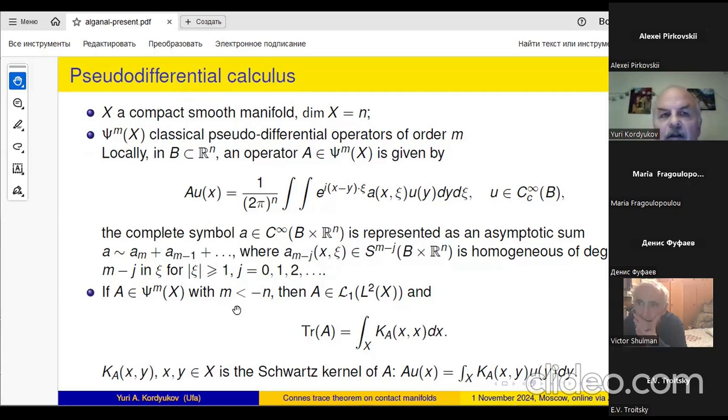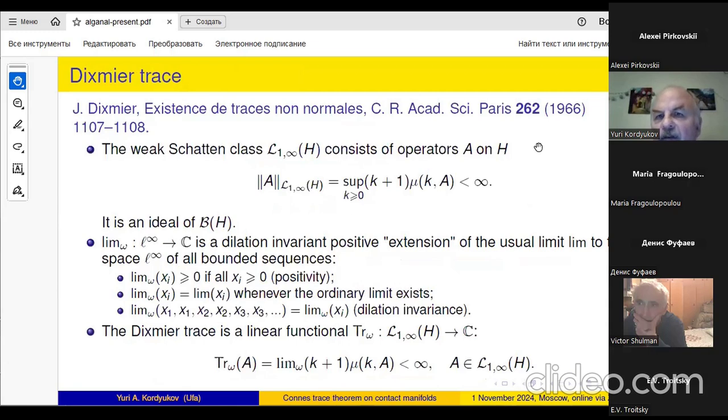But then in 1966, Dixmier discovered that there are many more traces on some algebras of operators. And these are quite exotic traces, and now I will talk about this.